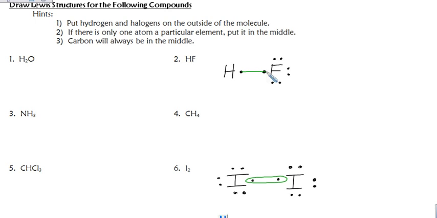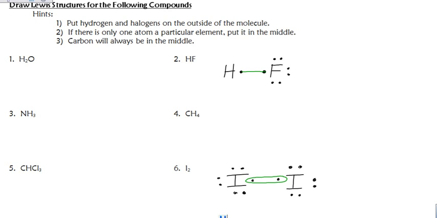Now these things always work out. These drawings always work. The dots always match up. Try something like 4. Carbon and 4 hydrogen. Now they give me a couple little hints up on top. Hydrogen and halogens like to go on the outside of the molecule. Well, think about it. Hydrogen only has 1 valence electron, and he's actually only going for 2.